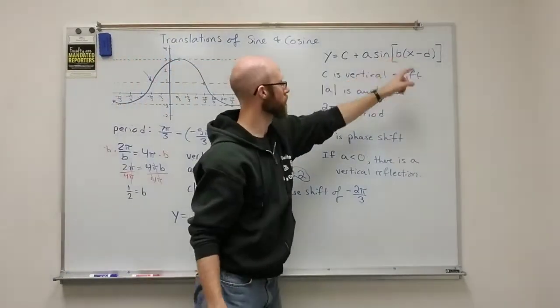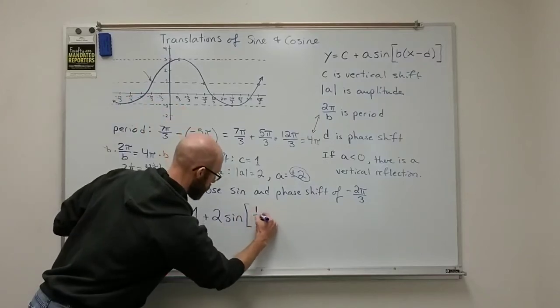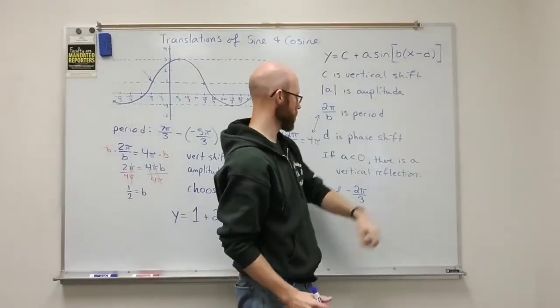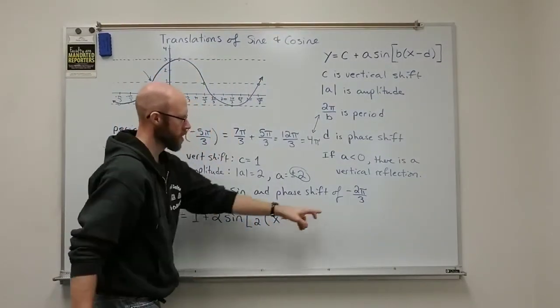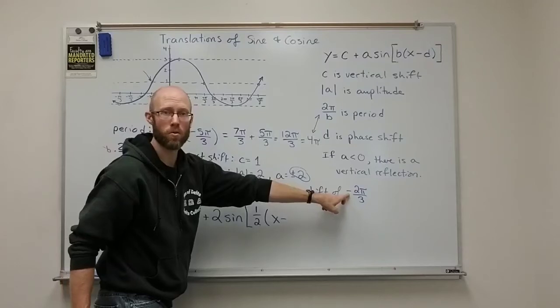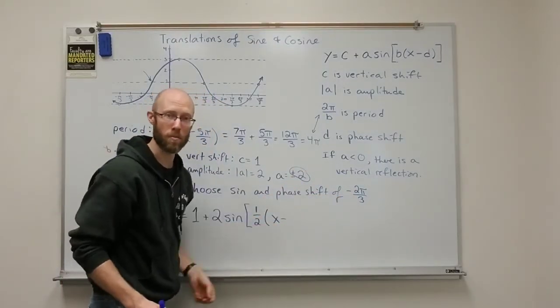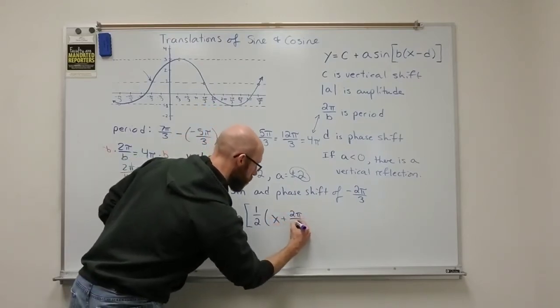I want the b value, which we found over here, to be 1/2. And then I want x minus the phase shift. So this would be x minus, well, this is a -2 pi over 3. When you do the minus of a negative, it becomes plus. So this is actually plus 2 pi over 3.